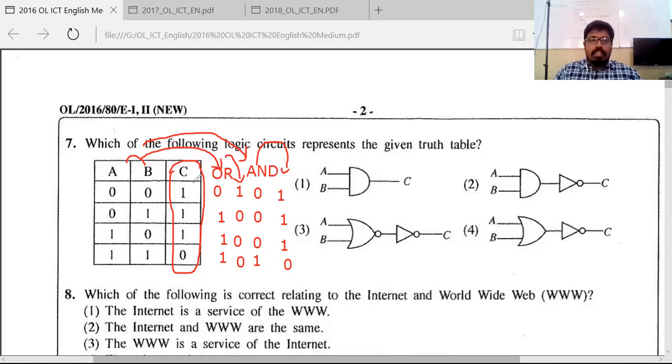So here the outputs are matching. So you have to find the equivalent circuit for a NAND gate. For the NAND gate, you have to put an AND gate and one single NOT gate. Right? So that's the end of the 2016 paper.